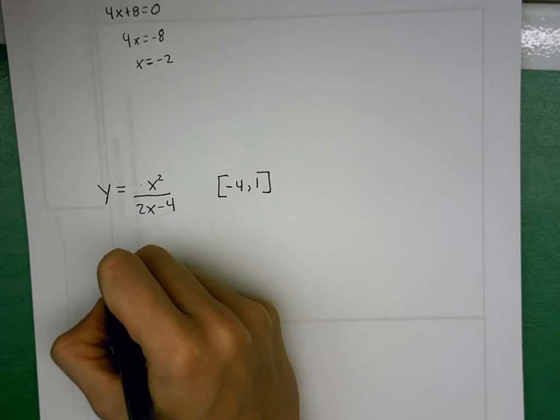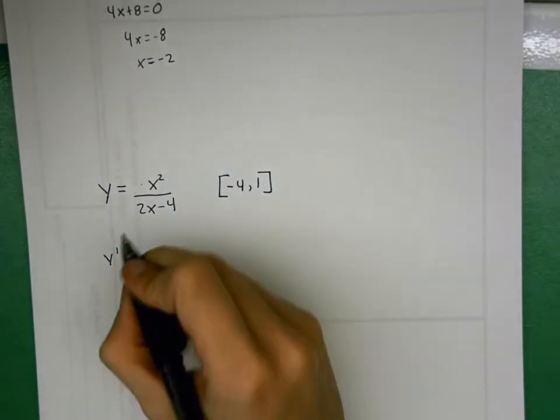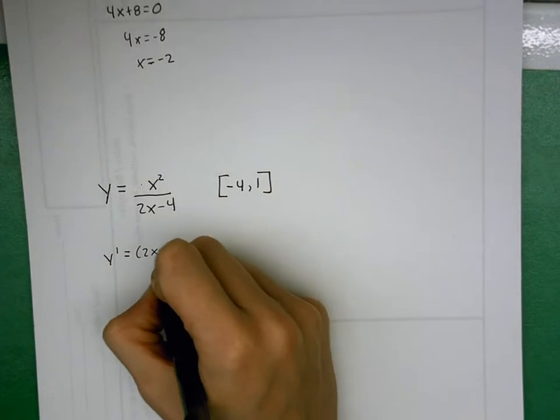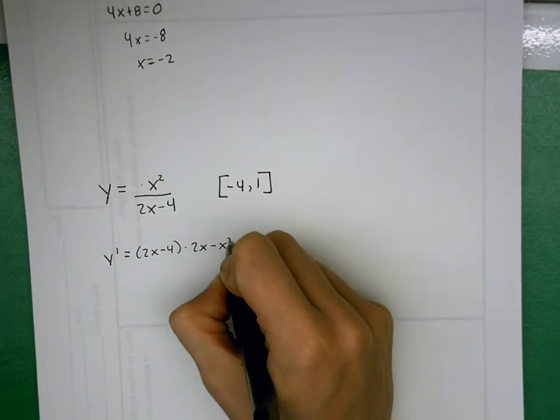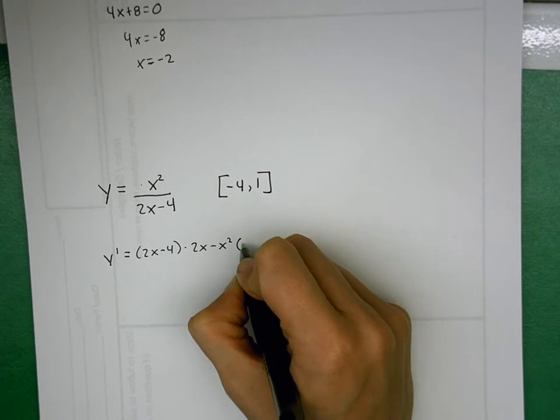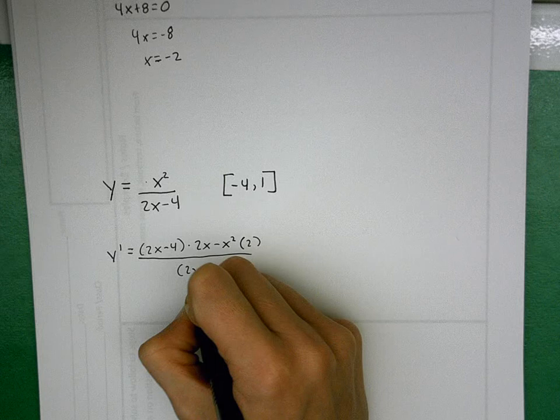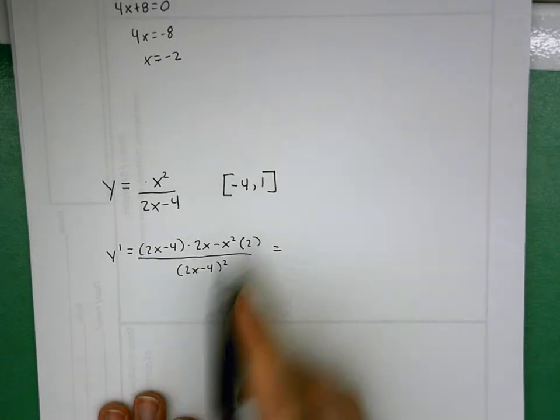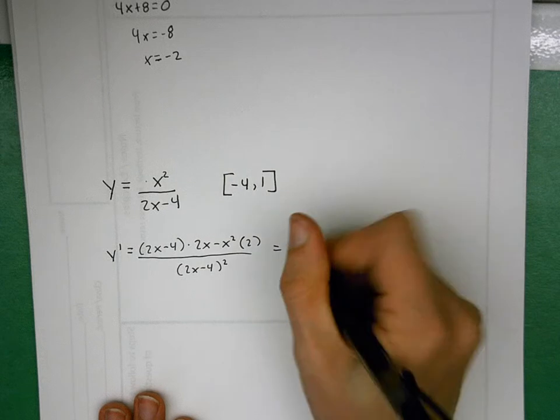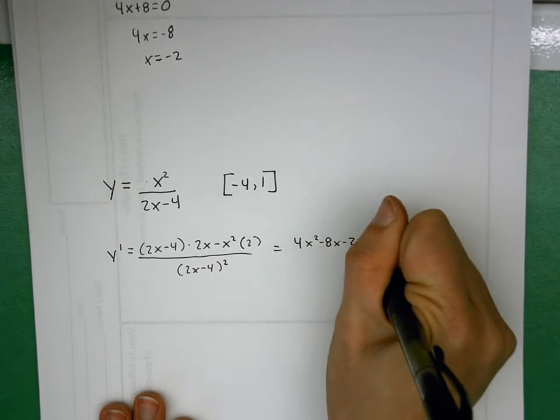Okay, so I need my f prime of c first, my derivative. So we have our low d high, minus our high d low, all over low squared, which simplifies when I distribute this 2x in to 4x squared minus 8x minus 2x squared.